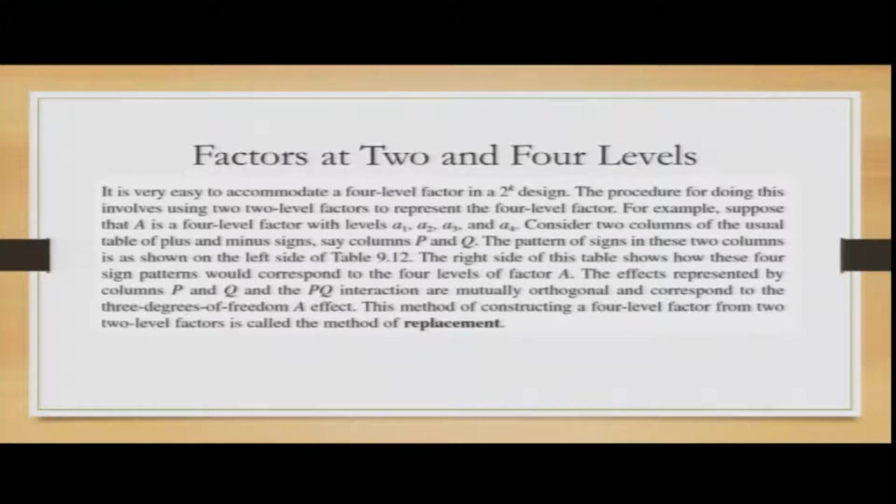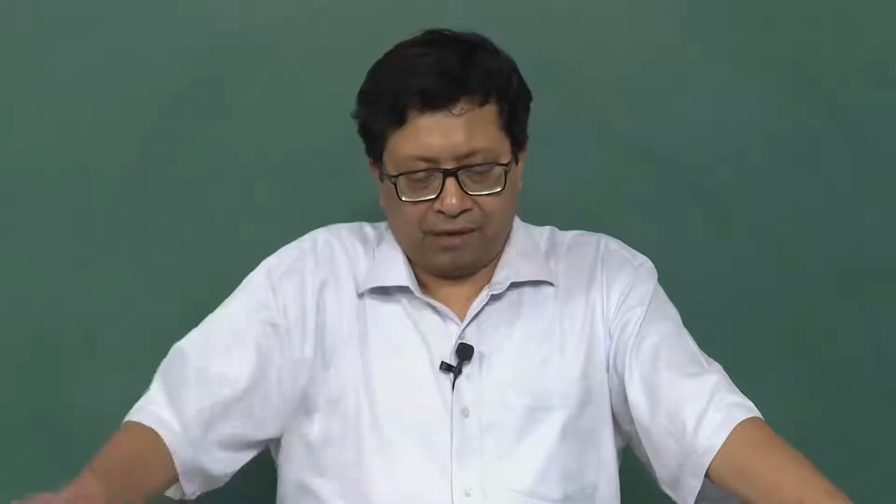This method of constructing a 4 level factor from 2 level factors is called the method of replacement. So, you are trying to replace a 4 level factor with 2 level factors. That means you are breaking them into more subcategories in order to do a better analysis of the prediction or analysis of the overall assignment of the errors.